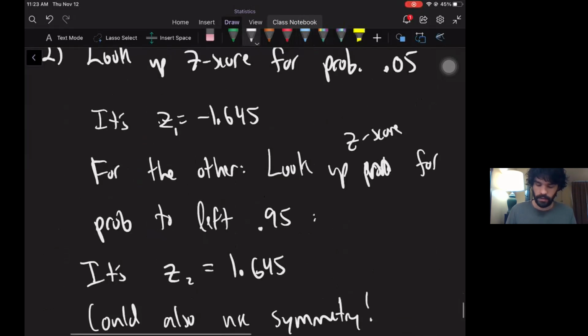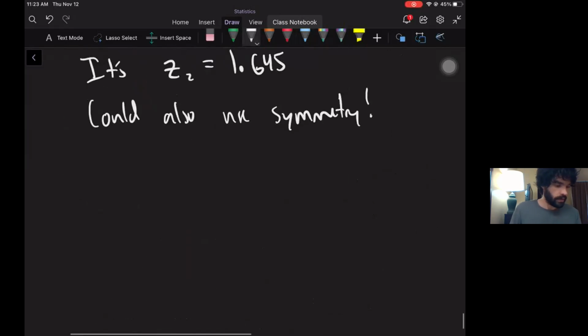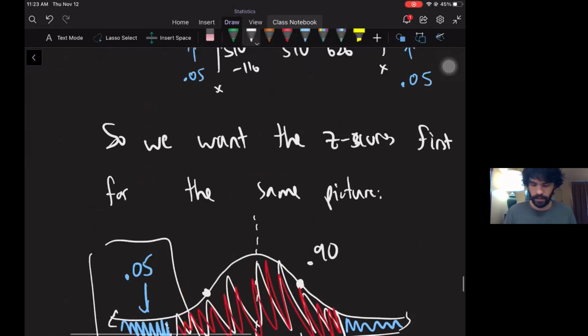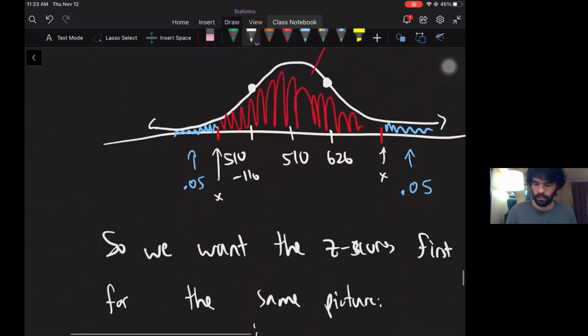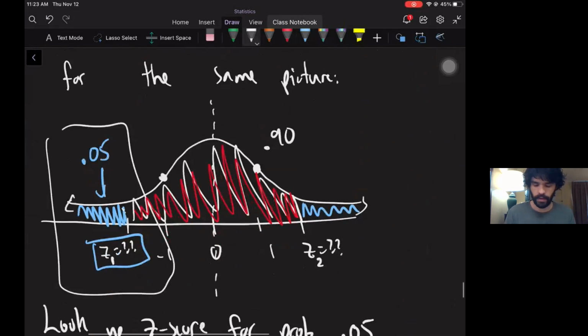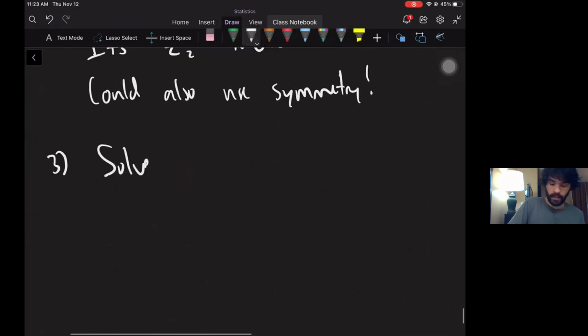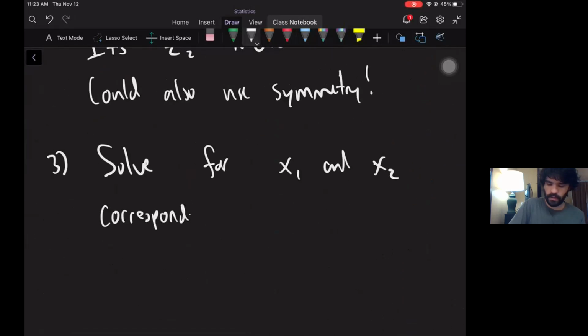So the point is I now have my two z-scores, z1 and z2. So now I've got to turn them into the context of the problem, which is SAT scores. So I've got to turn these two z-scores into x1 and x2, using the same method I did last time. So let's do that. Solve for the x1, x2 corresponding to these two z-scores we just got.